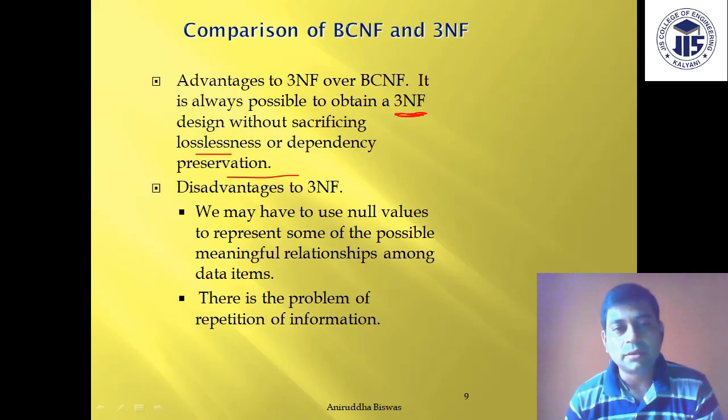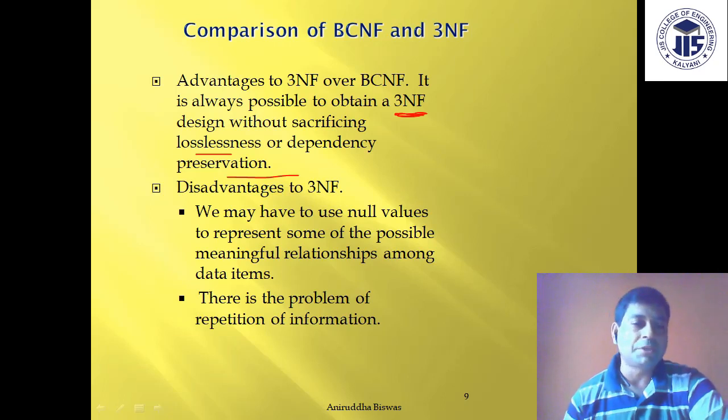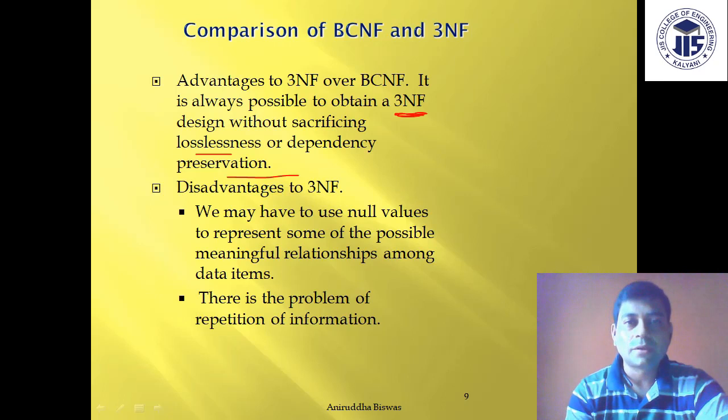So that is why in 3NF we may have to use null values to represent some of the possible meaningful relationships. And there is the problem of repetition of information, right?